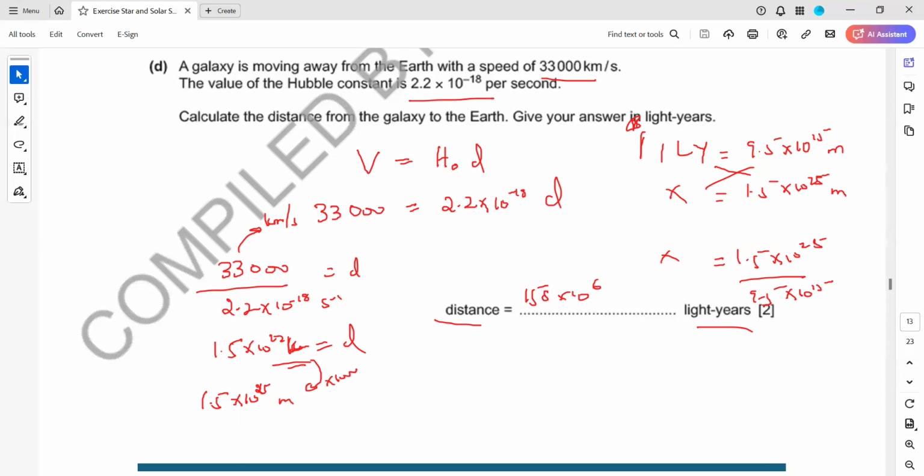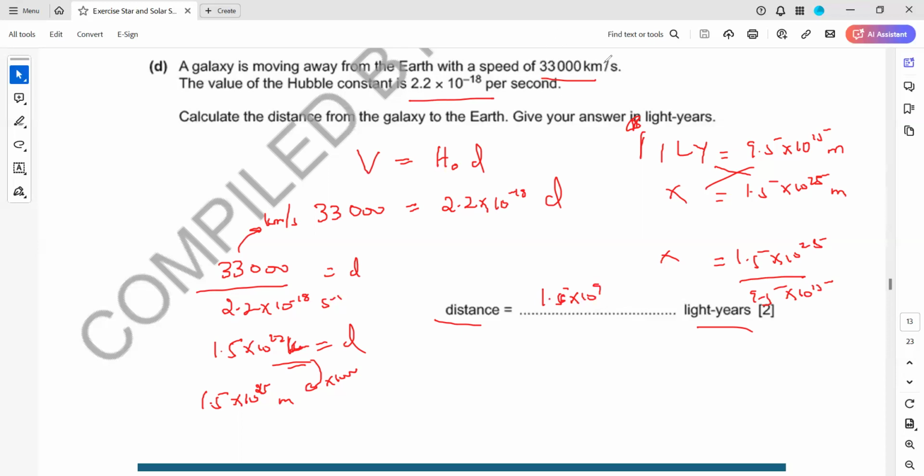Check the digits because one of the digits is missing. Usually this answer is about 1.5 into 10 to the power 9 light years. So one of the digits may be missing, it should be 1.58 into 10 to the power 9 light years. But this conversion is important.